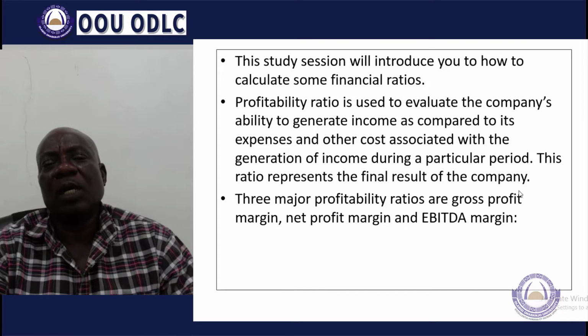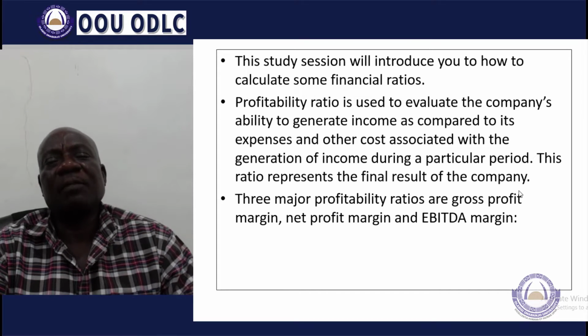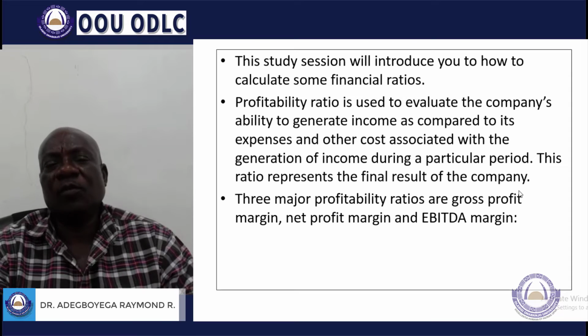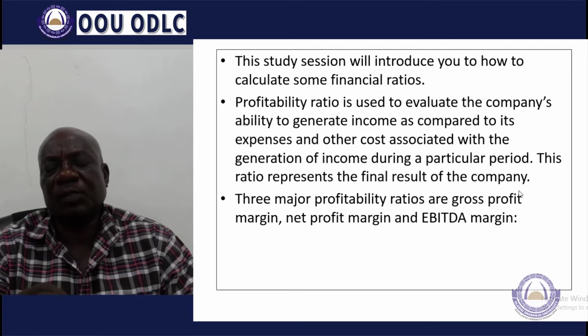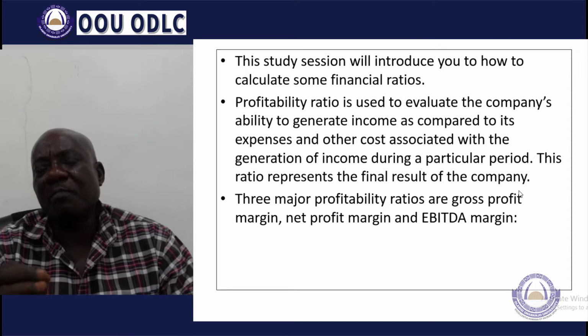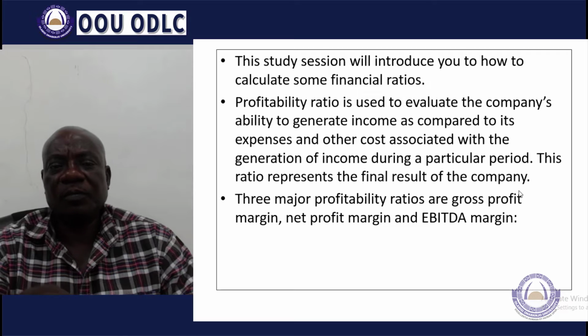That's why we look at 3 types of record keeping: the balance sheet, the income statement, and the cash flow statement. But the balance sheet will actually contain the profitability aspect. We show the profit that the company made at a particular period.